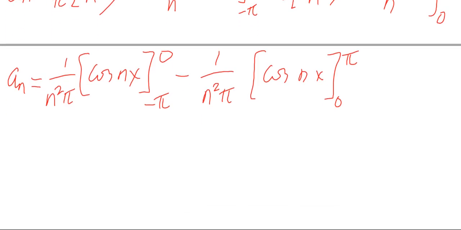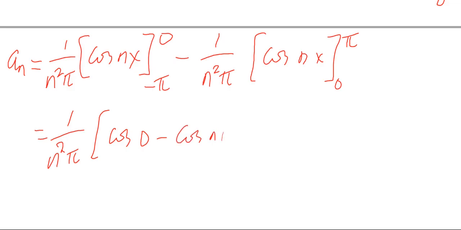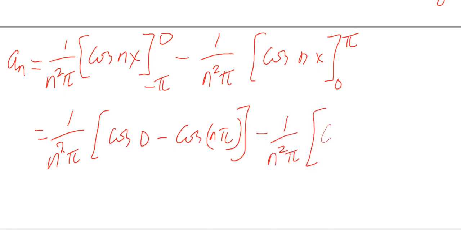So we work out this, and in the first term we have 1 over n squared pi, then we have cosine of 0 minus cosine of n pi, and 1 over n squared pi, we have cosine of n pi minus cosine of 0.